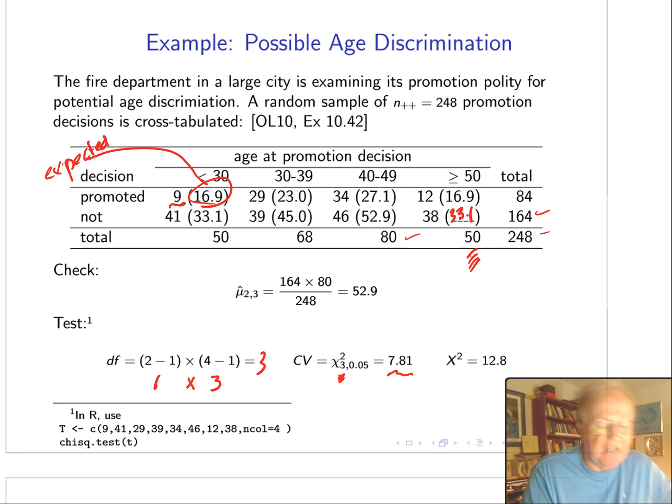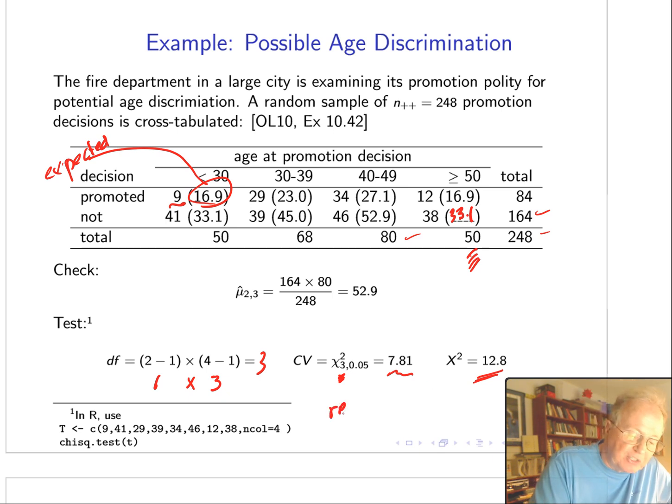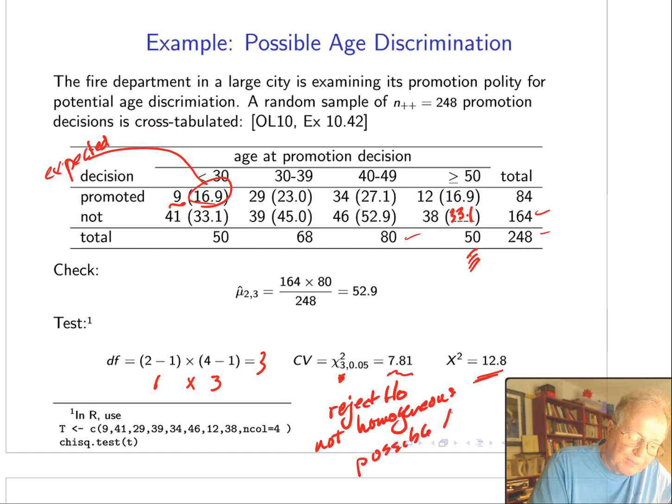And if I go ahead and actually do the calculations, I'll get a chi-square statistic of 12.8, which exceeds the critical value. So I'm going to reject the null hypothesis. They're not homogeneous. So possible discrimination. Age discrimination.